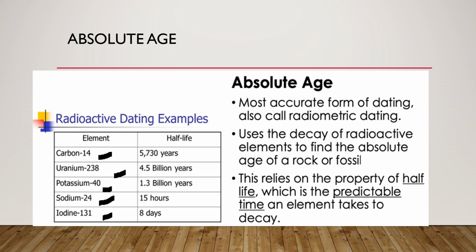If the fossil no longer has carbon-14 and what you only find is uranium-238, it means that organism is 4.5 billion years old. Now, if they find iodine in a fossil, it is not a fossil. It means that organism died just 8 days ago. Okay? That is absolute dating.